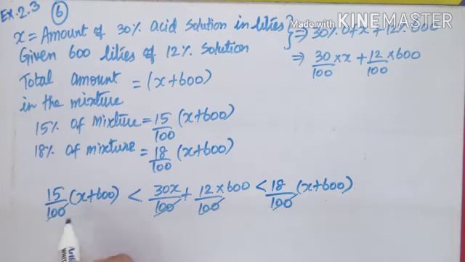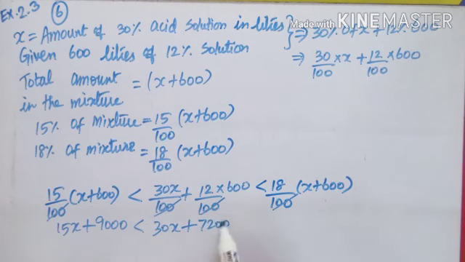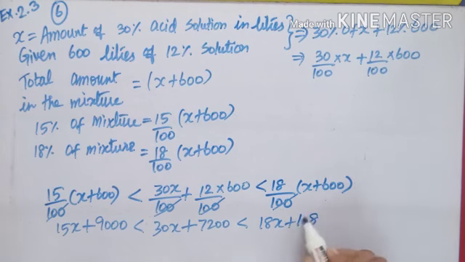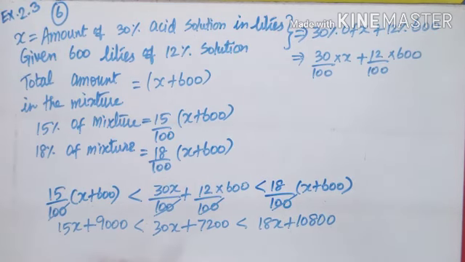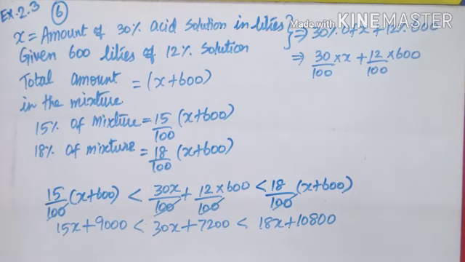Now we shall multiply: 15x plus 15 into 600, 9000; 30x plus 7200; 18x plus 18 into 600, 10800. Now I want to take these two inequalities and simplify the answer.